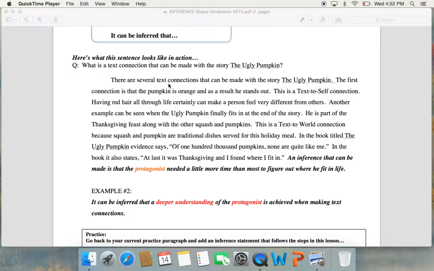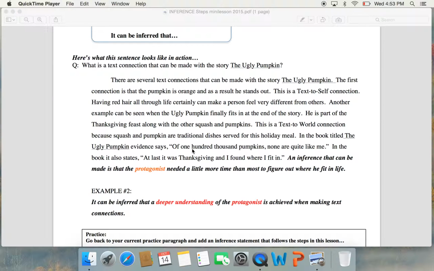And then based on what you know about text connections, along with what you just wrote here about this specific story with regards to the authorcraft being discussed, you want to draw a conclusion based on that.